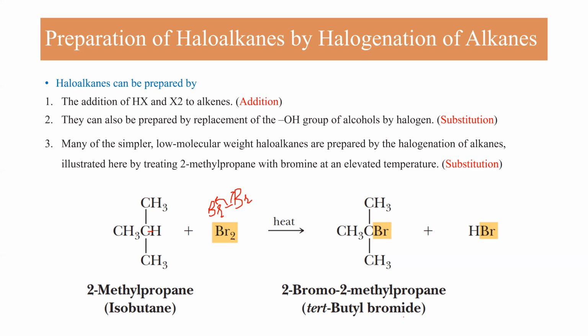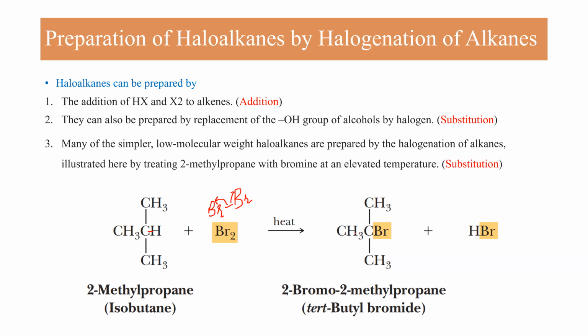And the common name of this one is the tertiary butyl bromide, because we have discussed in the nomenclature, in the common names of the alkyl halide, when we are writing in a trivial or common name pattern, then the halogen is the suffix, and we will mention that alkyl chain as a prefix. So the tertiary butyl means that this carbon is attached with the 3 alkyl groups, right? Which is attached with the bromine. So this central carbon is attached on the 3 sides. So that's why this is the tertiary one.